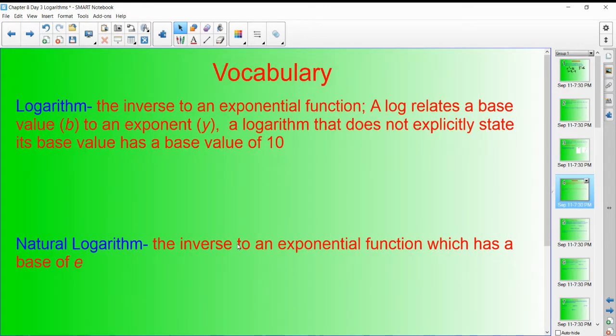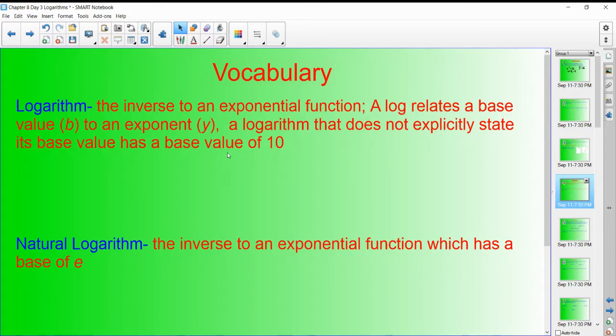So a logarithm is the inverse to an exponential function. It's the undo function. Whatever an exponential function does, a logarithm does it but in reverse. So we're going to have a base value and an exponent.